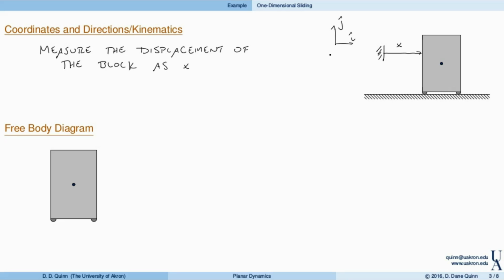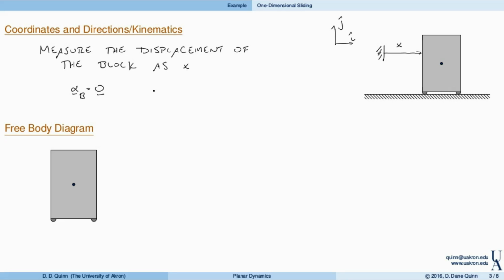So now, since the block does not rotate, we don't need to measure its rotation. So there's no angle that we need to describe in terms of the rotation of this block. And that again implies that the angular acceleration of the block is 0.